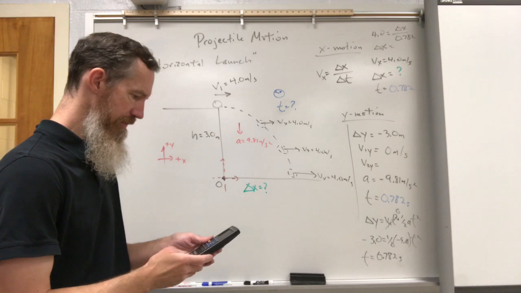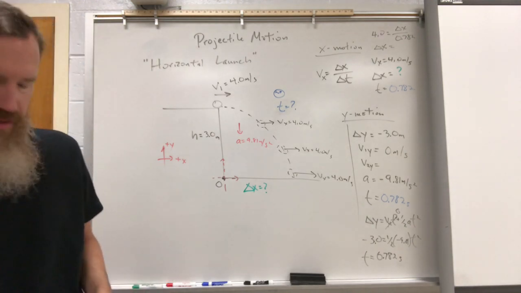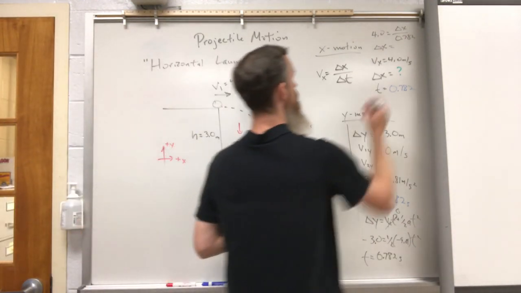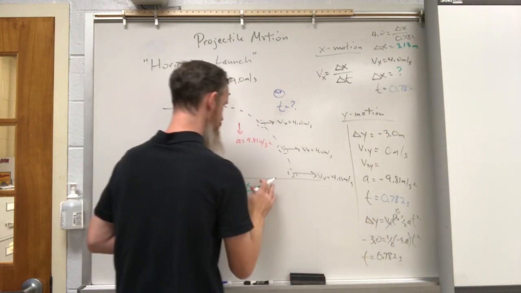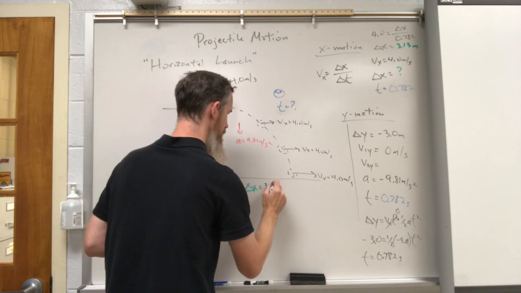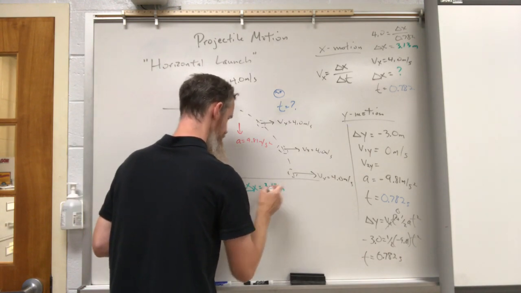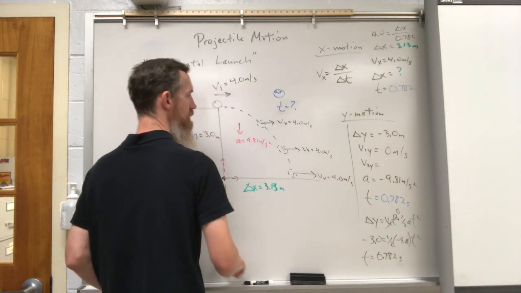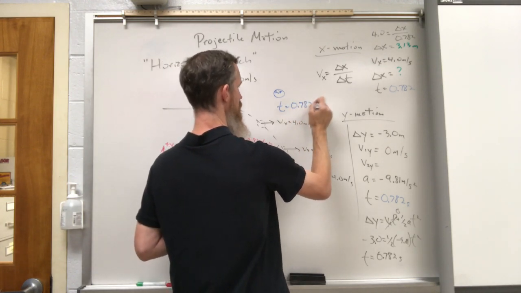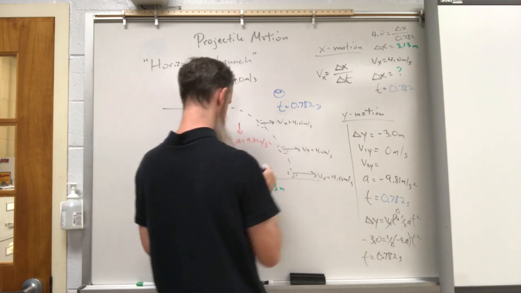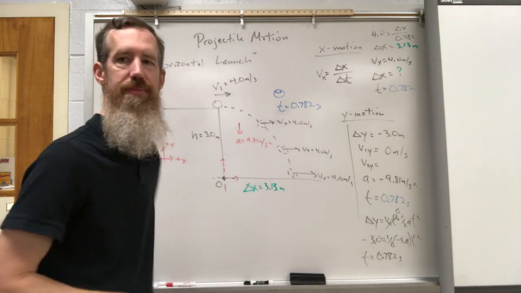Here we go. 3.13 meters. So we flew sideways 3.13 meters. So this way is 3.13 meters as it flew 0.782 seconds. Okay. All right.